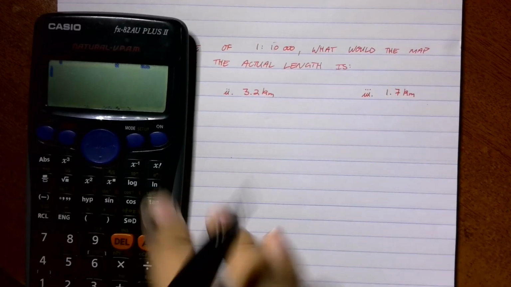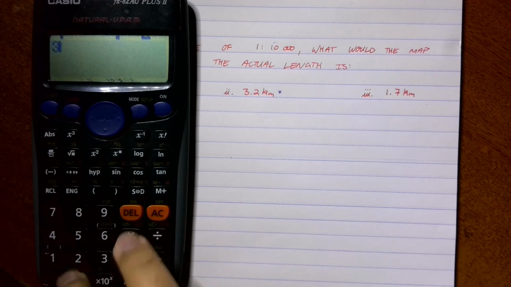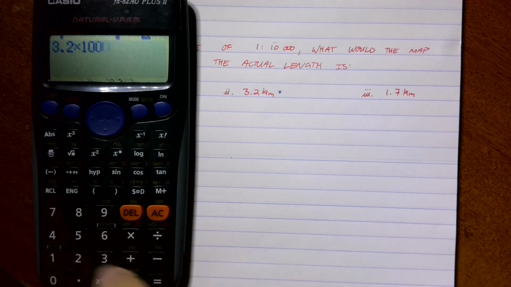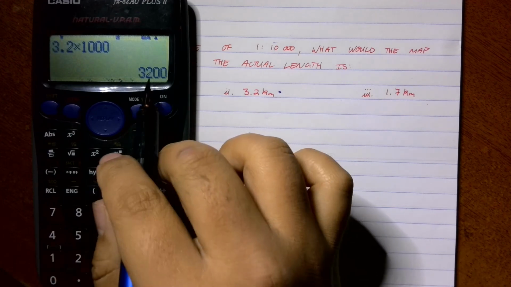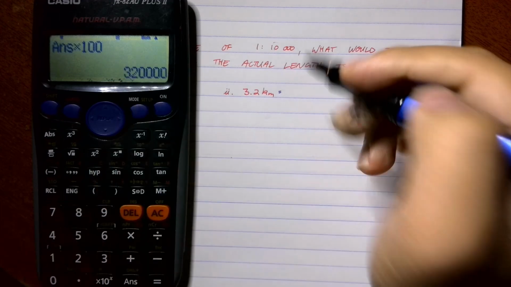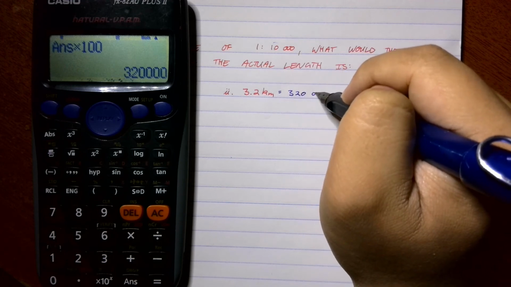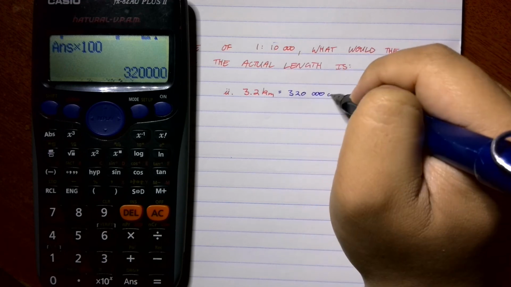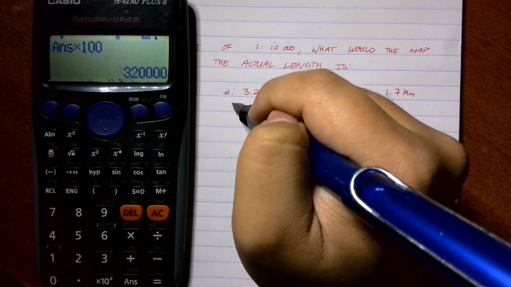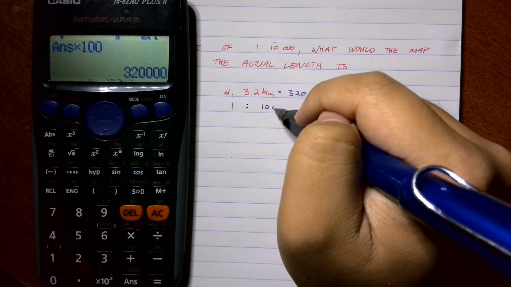One more time again. We need to convert this into centimeters. So 3.2 times 1,000. This is in meters. Times by 100. This is in centimeters. So this is 320,000 centimeters. So we'll write down our scale. 1 is to 10,000.